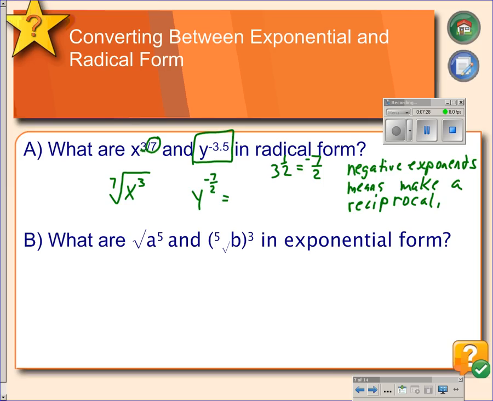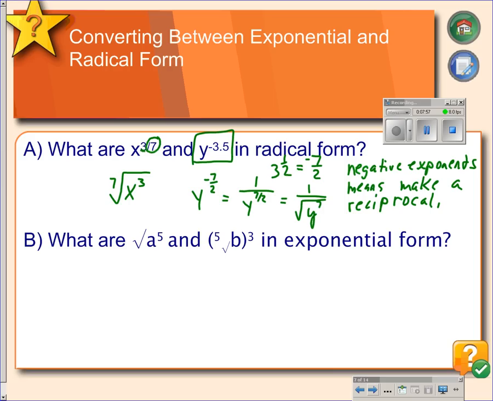Making a reciprocal gives us 1 over y to the 7/2. And then changing the exponent into a radical, we have 1 over the square root, because the denominator is 2, the index is 2, of y to the 7th, because the numerator is a 7. We could rationalize this denominator and work with it further, but we're going to leave it like that for now.